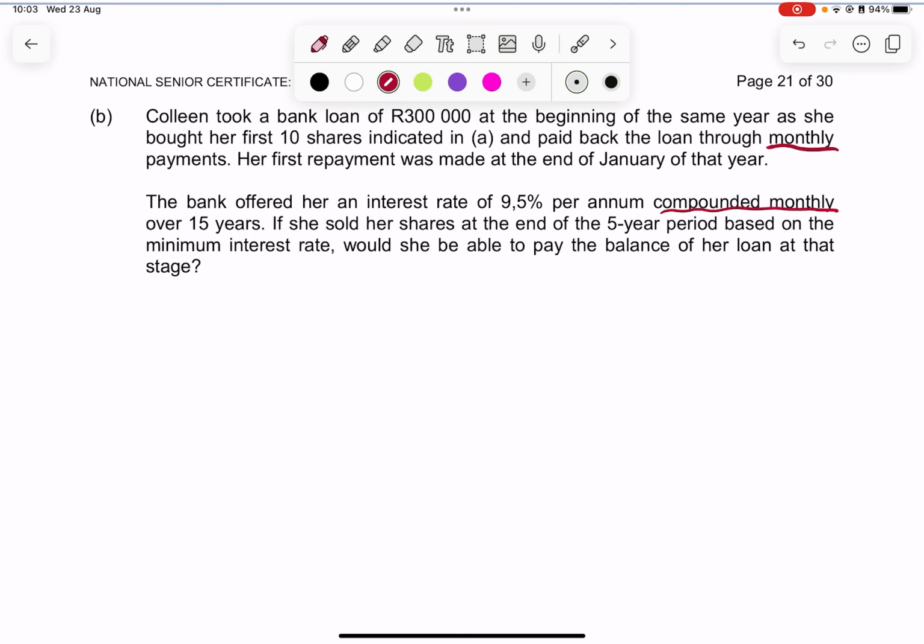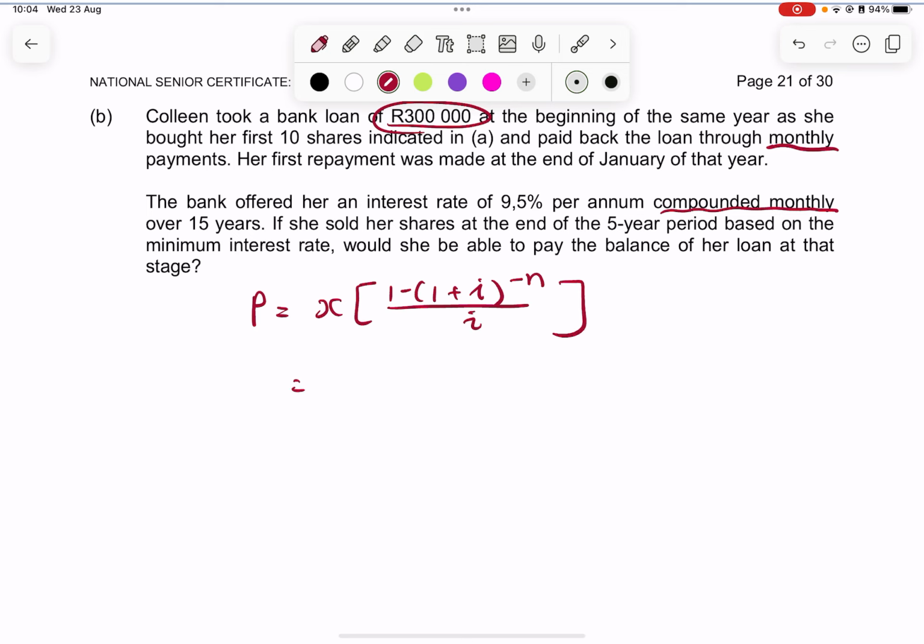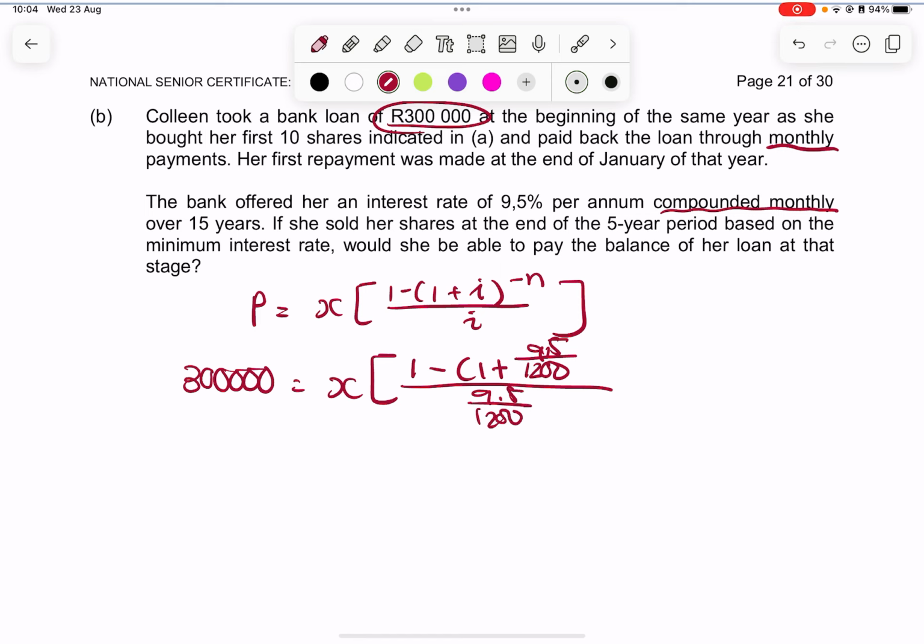per month. So we have this 300K, and that is a present value, so we need to use the present value formula. Present value here is 300,000, X we're looking for, interest is 9.5 over 1200, and N is 15 years times 12 monthly.